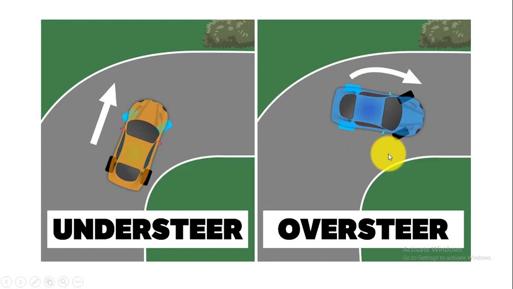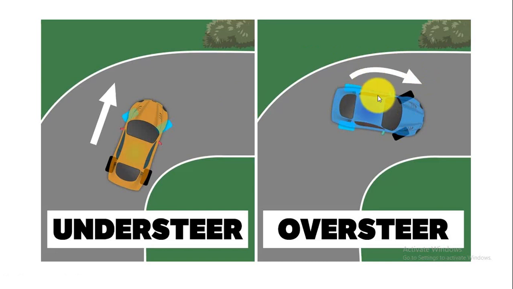In the right figure, oversteer has been shown. In the case of oversteering, a right turn has been shown. In that, the rear wheels are highlighted in blue. In this right side figure, we have shown a rear wheel drive car.